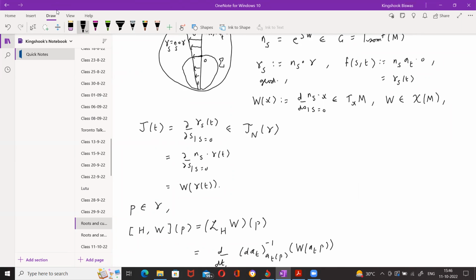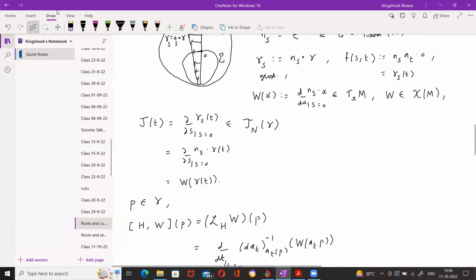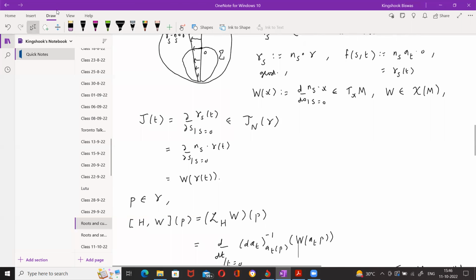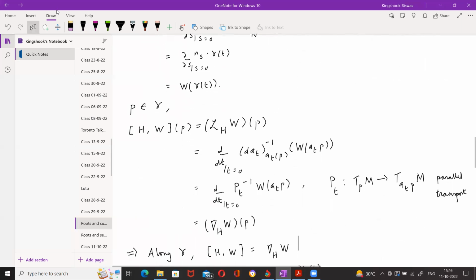Now, if I take a point P on the geodesic gamma, let me look at the bracket of these two vector fields, H and W, at the point P. So remember, the Lie bracket is the same as the Lie derivative, right? L_H of W. Now, what is the Lie derivative?